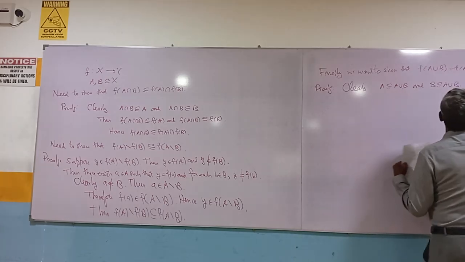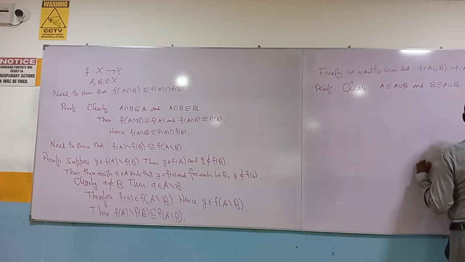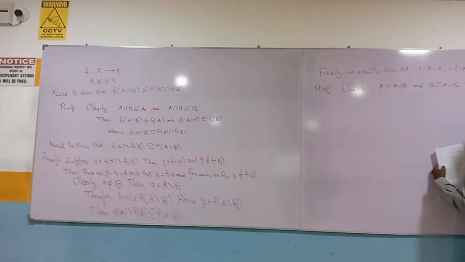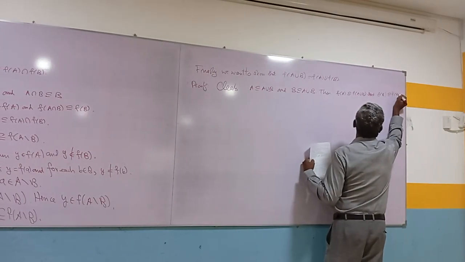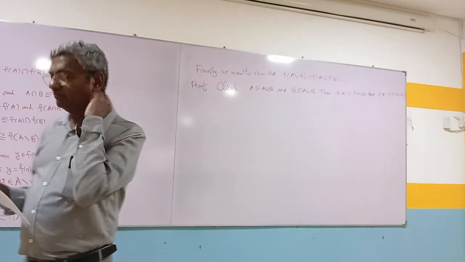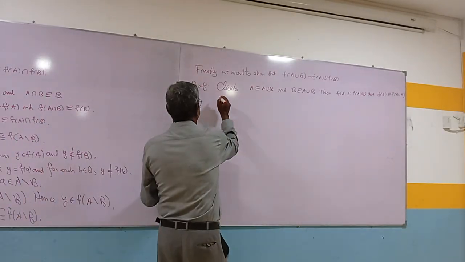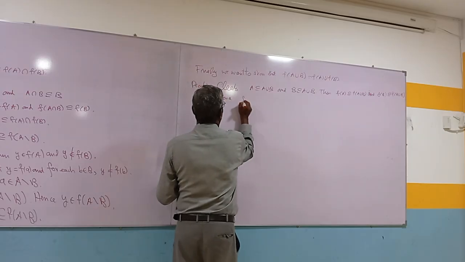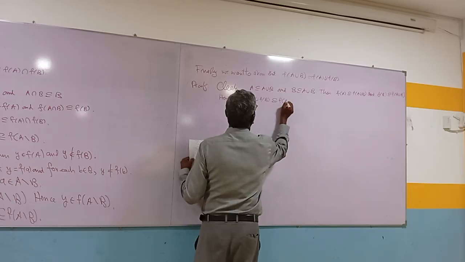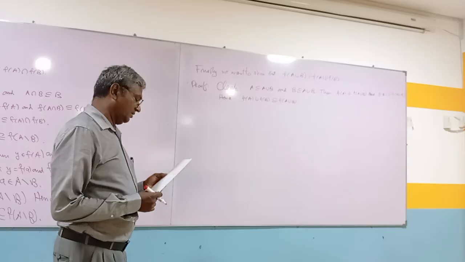Thus, f(A) is a subset of f(A union B), and f(B) is a subset of f(A union B). f(A) and f(B) are both inside f(A union B). Hence, f(A) union f(B) is a subset of f(A union B). Right? Now we want to go to the other side.